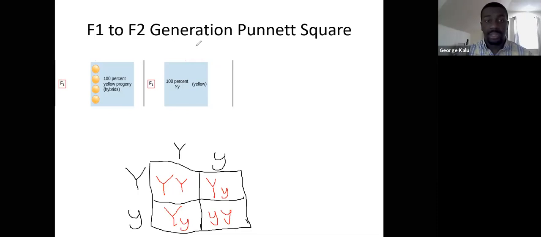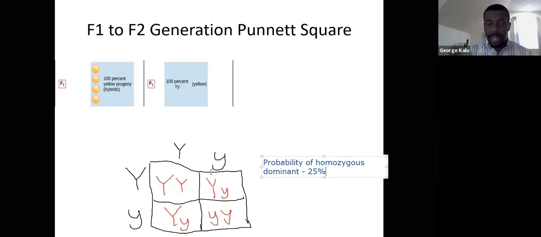Now what we need to do is analyze what our Punnett square means. We'll take this from the genotype perspective first. What is the probability of homozygous dominant offspring? Looking at our Punnett square, 25%, or 1 out of 4, because we have one of our 4 boxes having the homozygous dominant genotype.